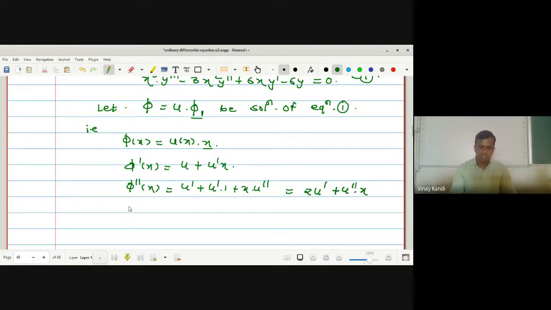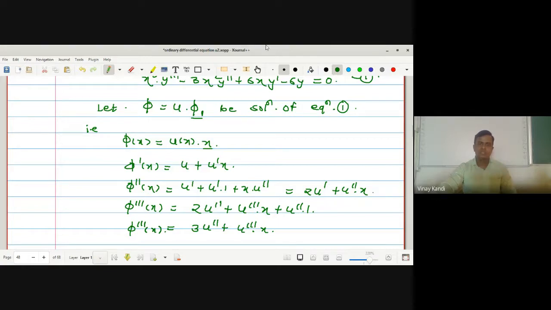What is the phi triple dash of x? u double dash plus derivative of this one x as it is plus u double dash into 1. So here we get 3u double dash plus u triple dash into x. So this is y triple dash of x.